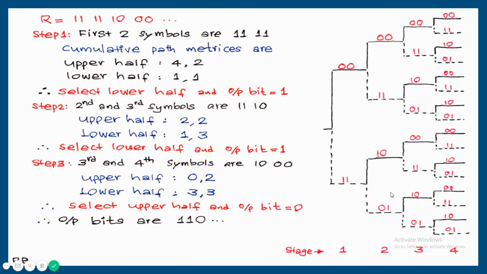Other option, 0 1 and 0 1. There are 3 differences. So for the lower half second option, 3 is written here. Out of the upper half and lower half, where are we getting the lowest number? In the lower half. So select the lower half and the output bit will be 1. Now we have 2 decoded bits.